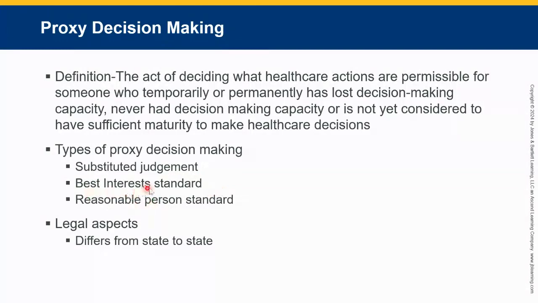The best interest standard may permit overriding a surrogate decision maker's direction for treatment if that surrogate decision maker proposes a treatment that does not seem capable of benefiting the patient, or maybe could cause more harm than good.